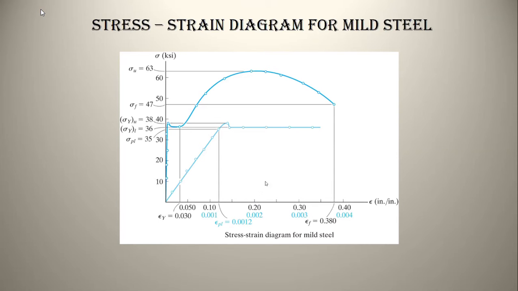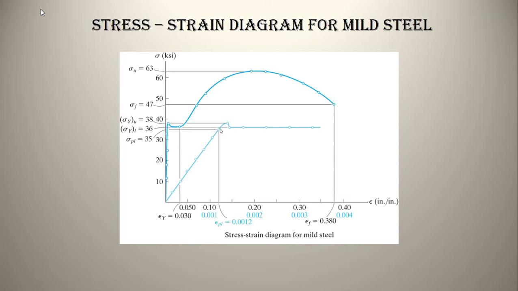So you draw a line parallel to this, you come somewhere here, this becomes the yield strength of the member. So to find the yield strength, you plot the graph, and then you take the 0.2% point, and from there you draw a line parallel to the original straight line, and wherever it hits, that's the yield strength.